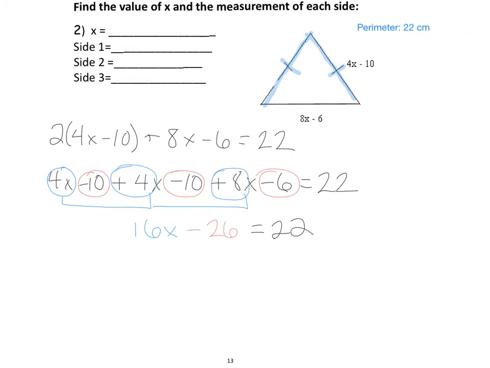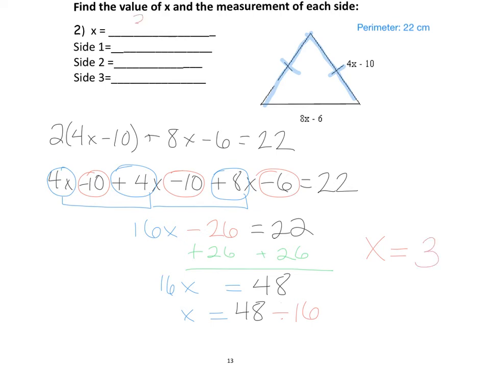So now we add 26 to both sides. That gives us 16x is equal to 48, which we then divide by 16 to get that x is equal to 3.